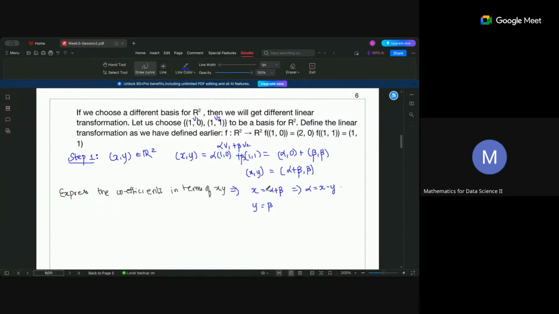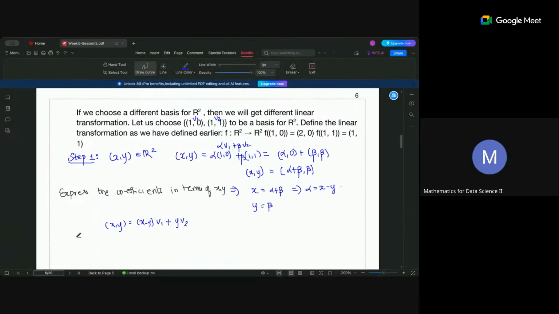So we will get (x, y) is equal to (x minus y) times v1 plus y times v2. In place of alpha, I have written x minus y. In place of beta, I have written y. So I am just replacing the coefficients in terms of x and y. Is that clear?